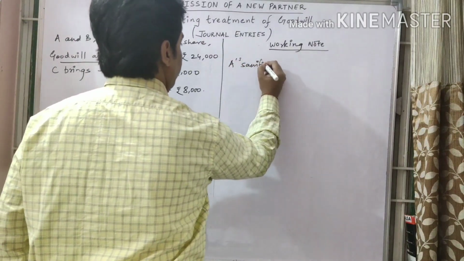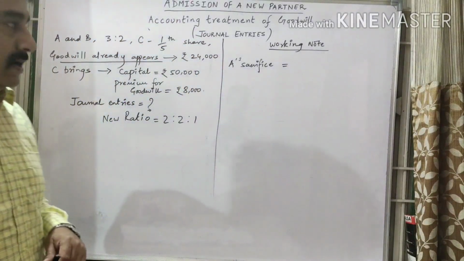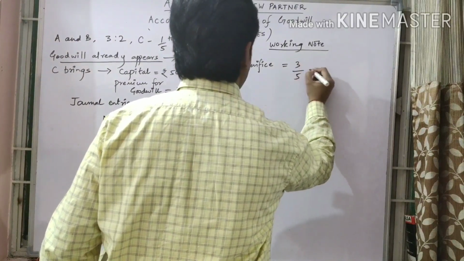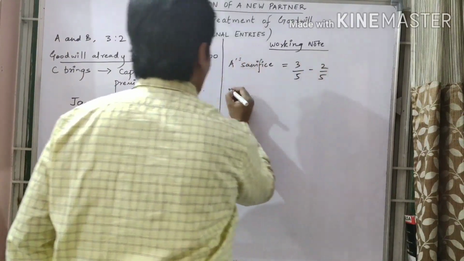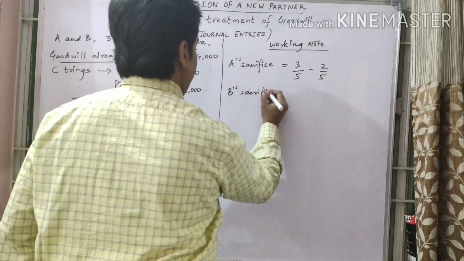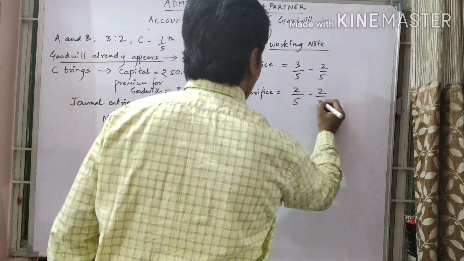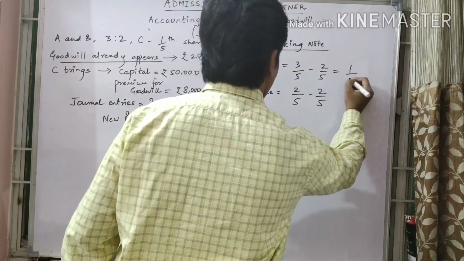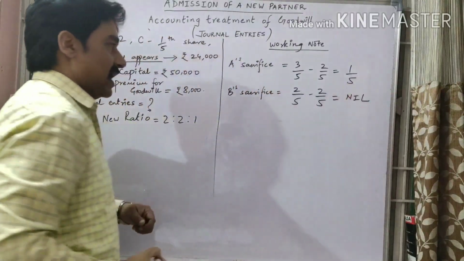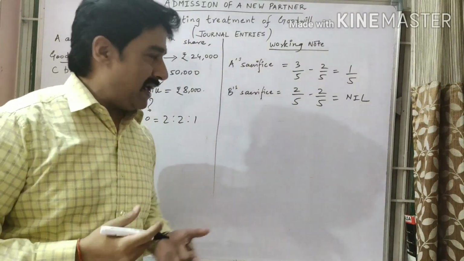Everyone knows how to calculate sacrifices of the partners. It is old share minus new share, and A's old share is 3/5 and his new is 2/5, and B's old share is 2/5 and his new share also happens to be 2/5, and therefore what do you find? That it is only A who is making the sacrifice. Only A is sacrificing.